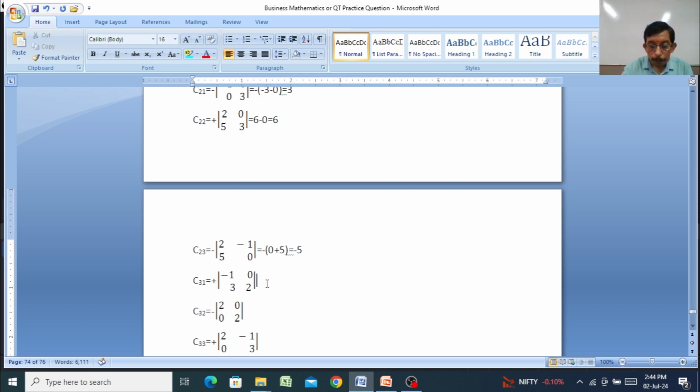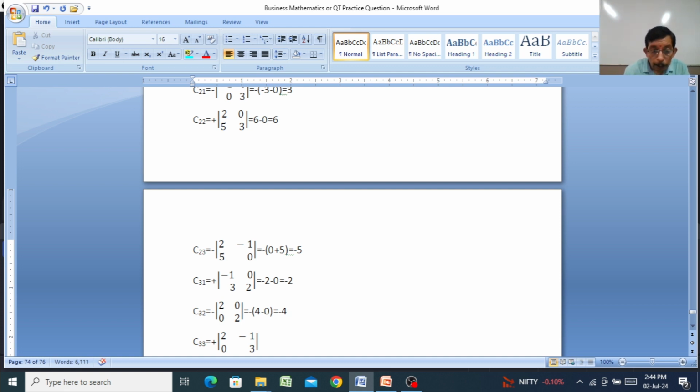Now the third row: C31 is equal to 2 times 1 is 2, the result is minus 2, minus 0 is equal to minus 2. Now C32 cofactor is equal to minus, bracket start, 2 times 2 is 4, minus 0, bracket close, result is minus 4.